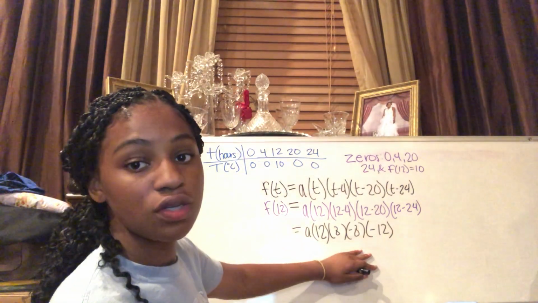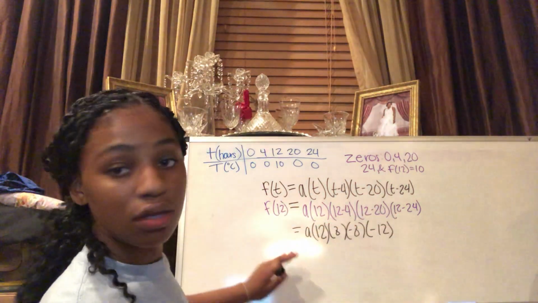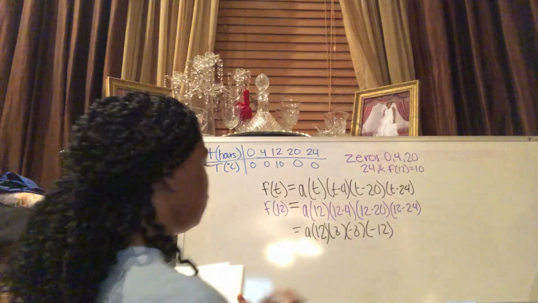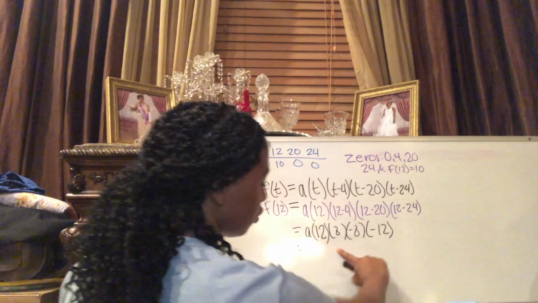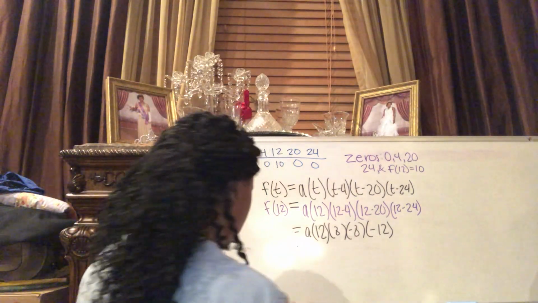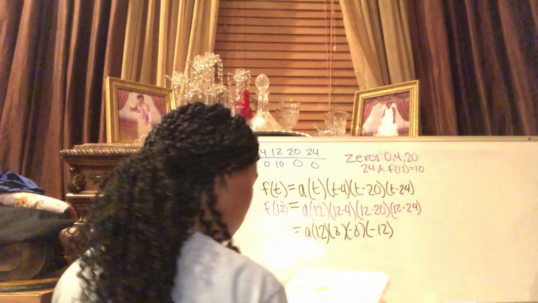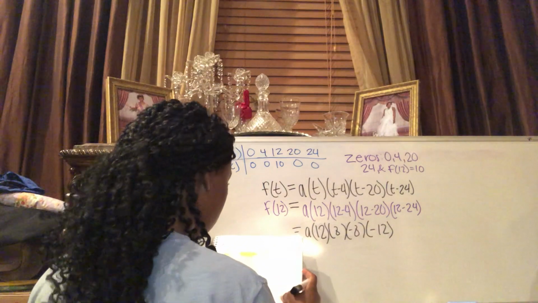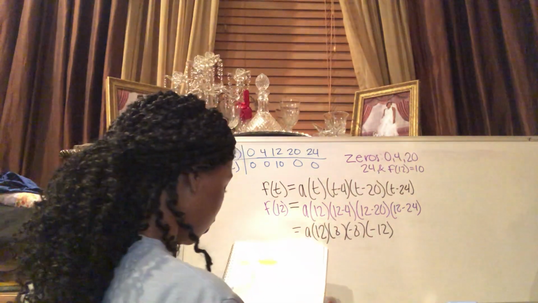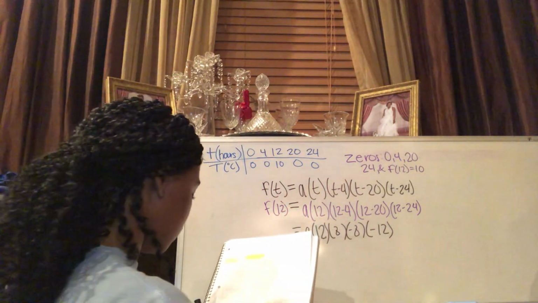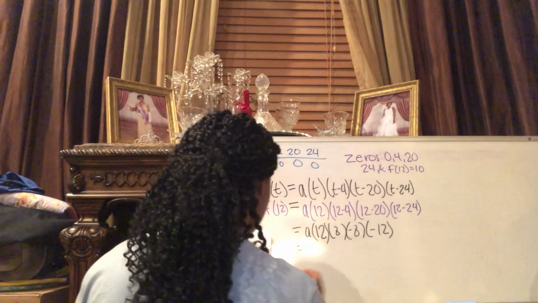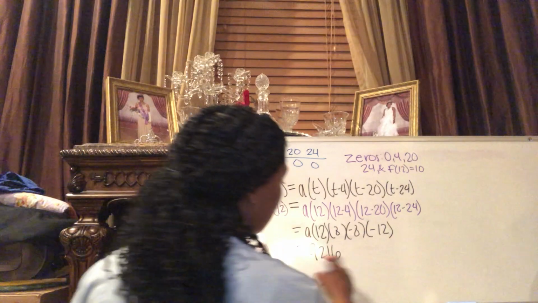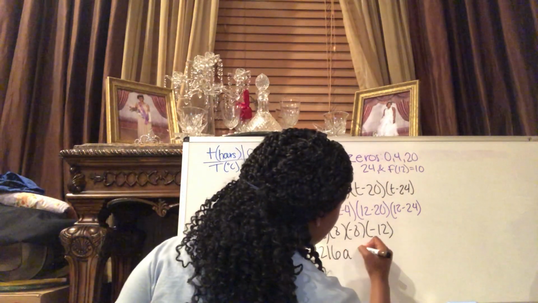Alrighty, so then once you get the values of your equation that you have so far, you're going to go ahead and multiply those. And for time, I have already worked mine out, so the value that you get is going to be a pretty large number, and mine is, let's see, I'll go ahead and write it out. It's 16. And then we're just going to bring down our a.